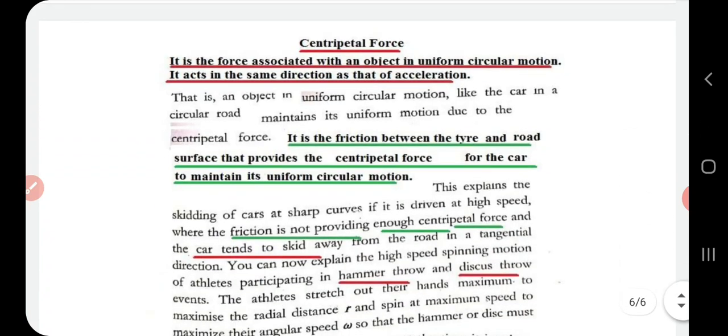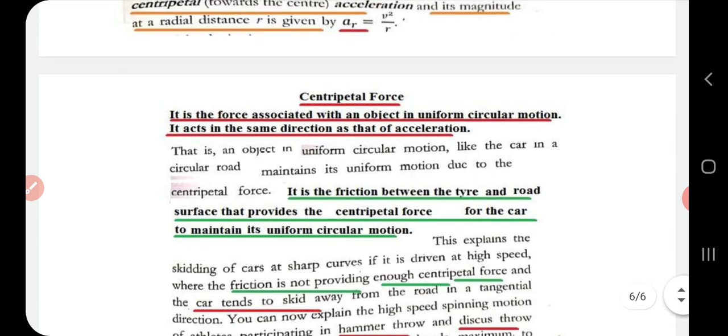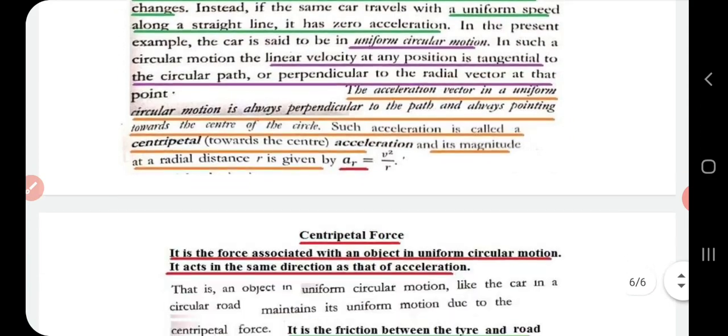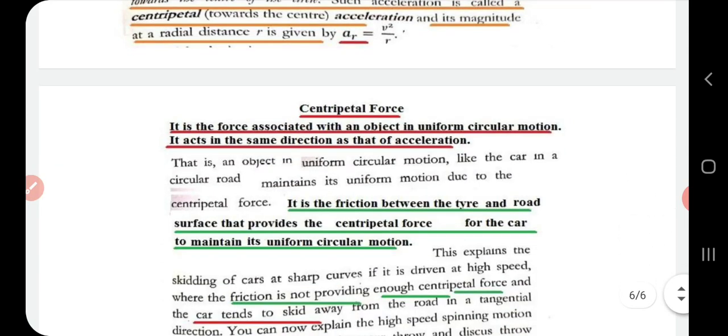Now what is centripetal force? Centripetal force is nothing but the force associated with an object in uniform circular motion, and it acts in the same direction as that of centripetal acceleration.